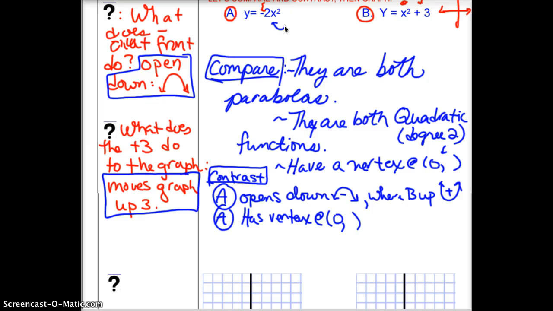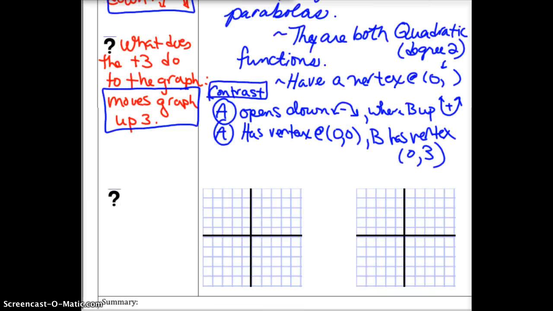Negative 2 times 0 squared is negative 2 times 0, or 0. Whereas B has vertex still at 0, comma. And again, by B, I mean this one. When I do 0 squared plus 3, I get 0, 3, which shouldn't surprise you since we said it moves up 3. Obviously, the vertex would move up 3.